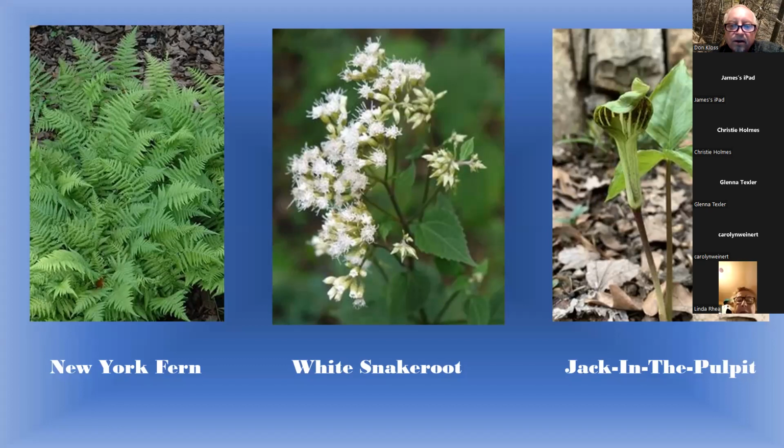They don't eat white snake root. As my mom and dad have discovered, they do not eat jack in the pulpit. They don't like those either. And I think, as we've talked about before, jack in the pulpit are very, very unusual and interesting plants because they grow both a female and male part on one stalk.